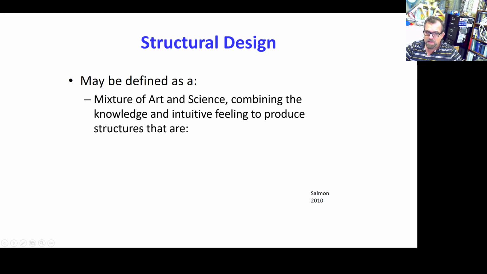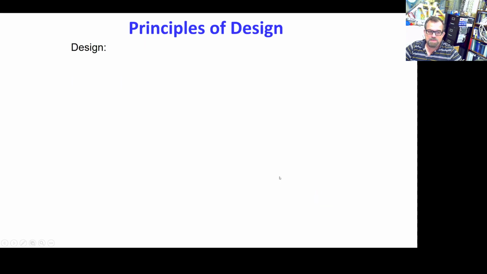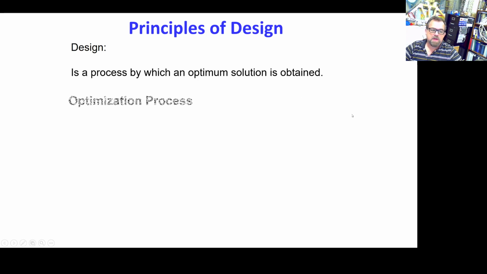Now the meat and bone of the definition are these: to produce structures that are safe, economical, and serve the intended purpose. That's basically it. So design is an iterative process by which a solution is obtained. But look at this, an optimum solution, not only a solution.